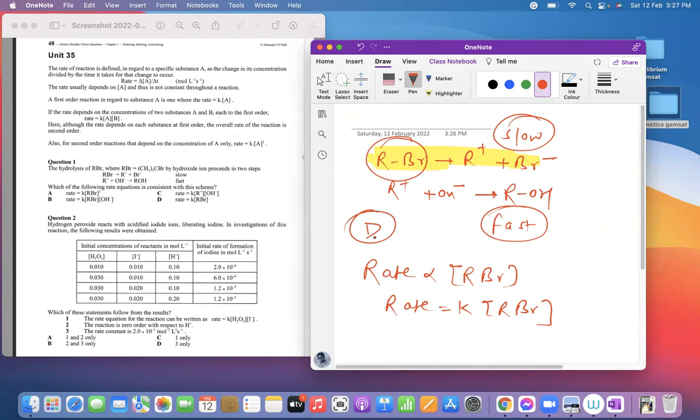Please tell me any doubt about this. Does it make sense? Okay, perfect. Now I'm going to talk about the effect of a catalyst on the reaction.